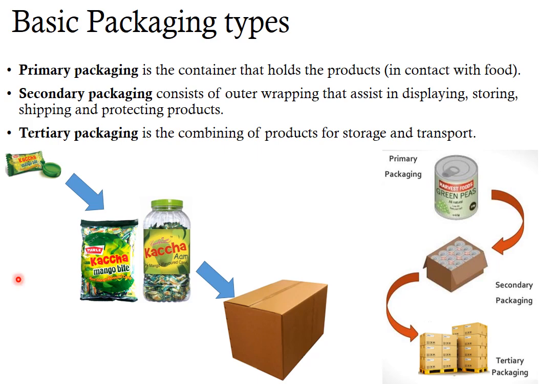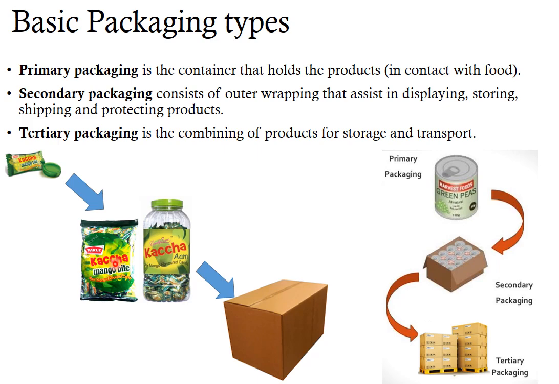Now let us see the example here below. On the left side you have your mango candy. In this case, the outer covering or the wrap of the candy becomes your primary packaging since it comes in direct contact with your candy. Secondary packaging will be a bag or a bottle containing the candies together.